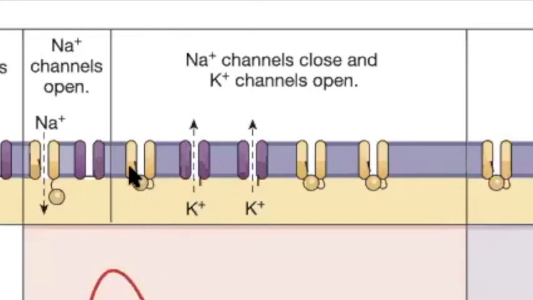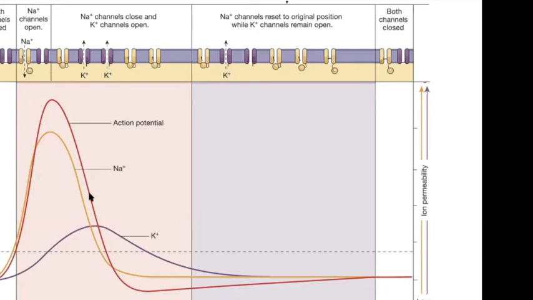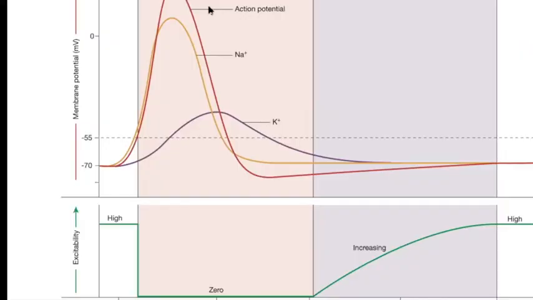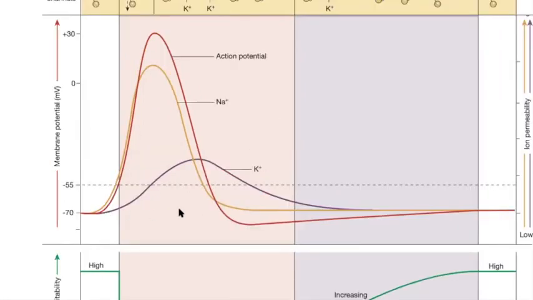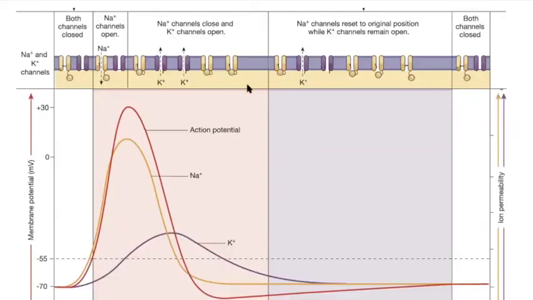Right at this point, sodium channels close, sorry, and potassium ions start bringing it back down, because the potassium is flowing outward. After that period, the whole cell membrane repolarizes. And actually, because the potassium channel remains open, it dips below your normal membrane potential over here. So that is what's going on with those channels.